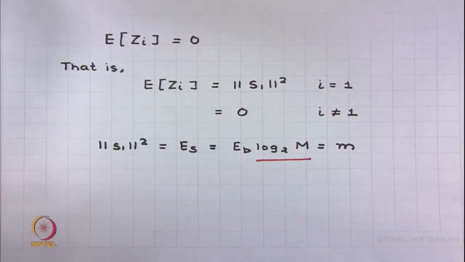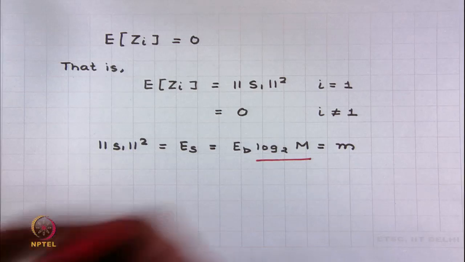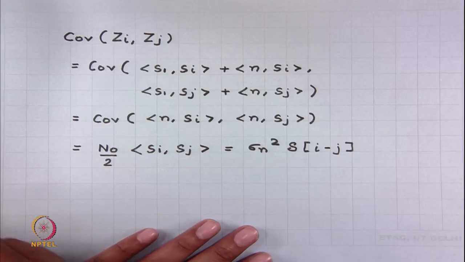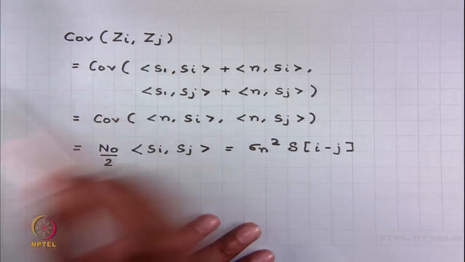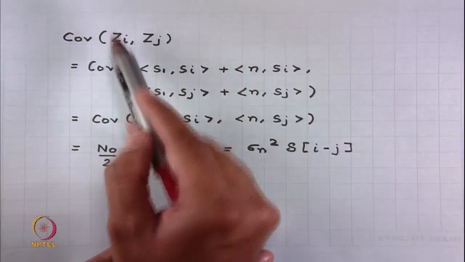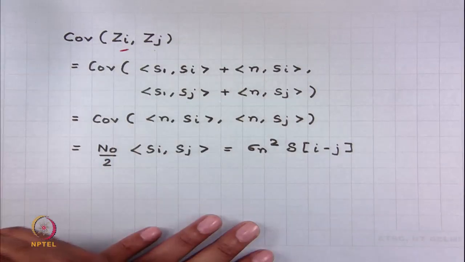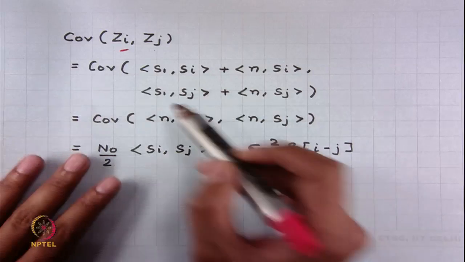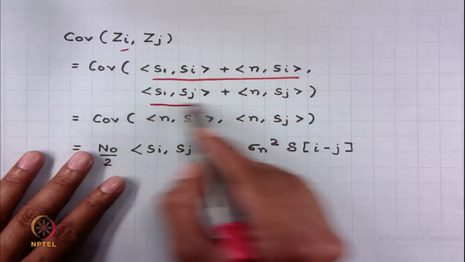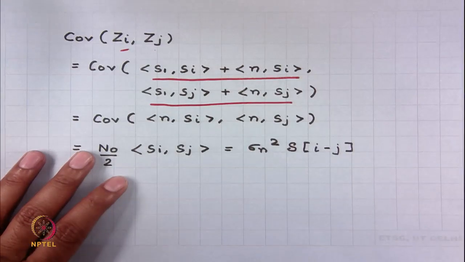Okay. Now, what remains is to find the variance of these random variables, and to think about variance we can start thinking about covariances. Here we are taking the covariance of Zi with Zj. You have to write first Zi and Zj, and take the covariance.